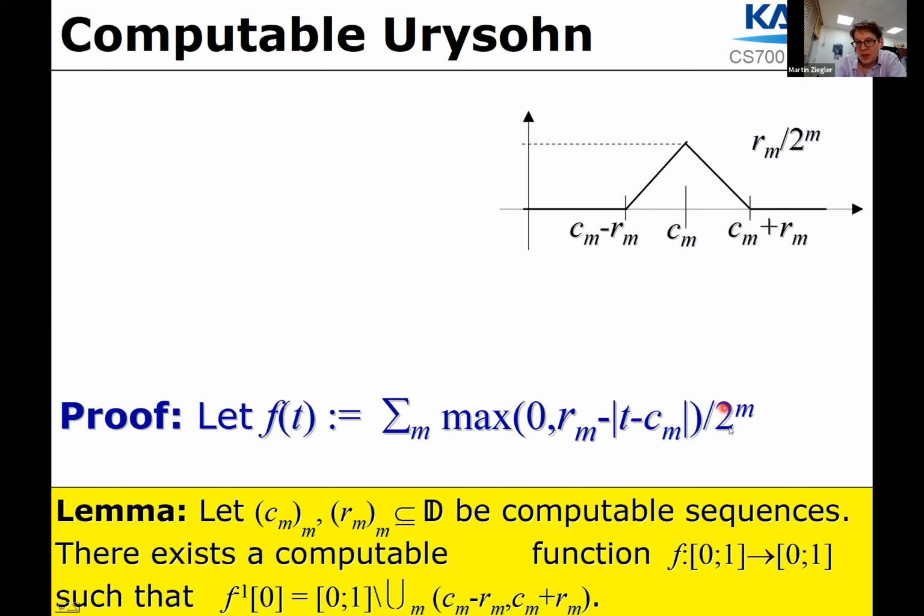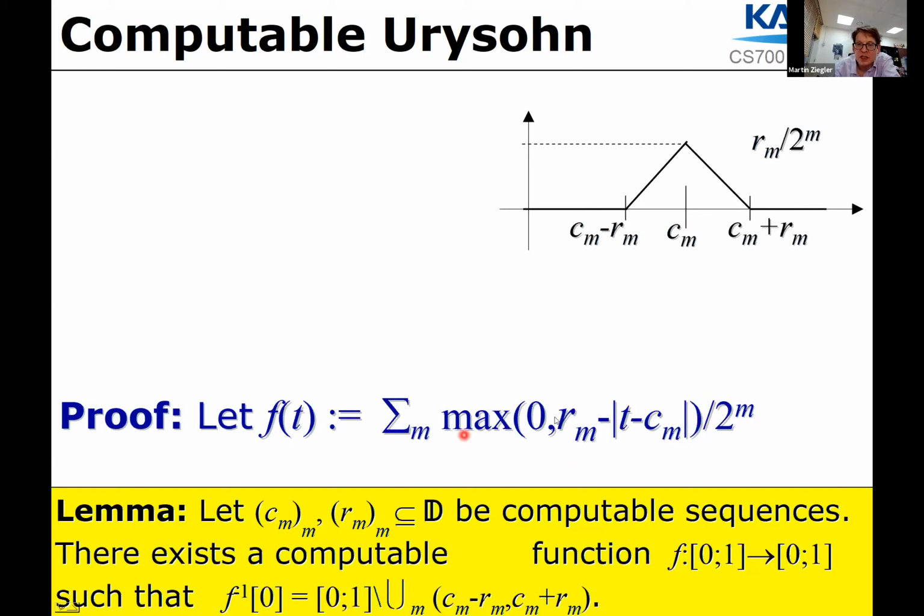But the trick is here we're scaling, as we see here, we're scaling down the height of these hats artificially, in addition to their original height. The original height is r_m, like the radius, but we scale down the r_m even further, so that this should be computable sequences in the 0-1 interval. Let me add that. So in this way, this sum always converges, right?